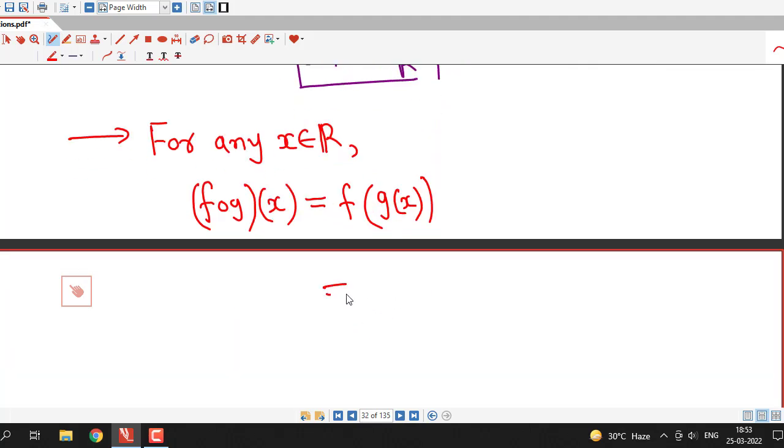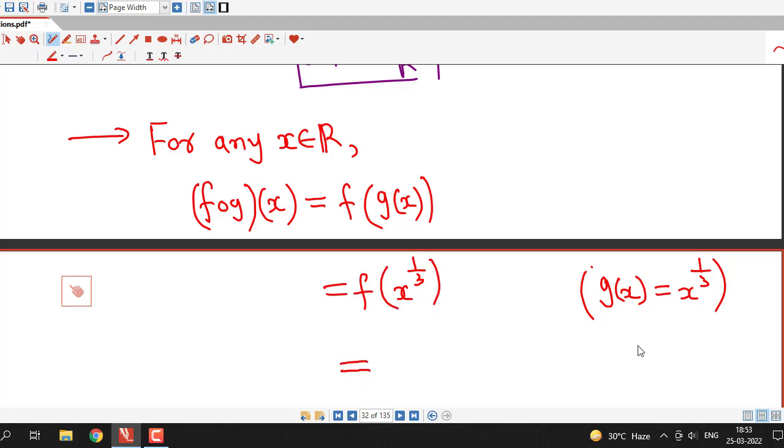And g(x) is given to be x to the power 1 by 3, so we substitute g(x) equal to x raised to 1 by 3. Now we require the formula of f(x). f(x) is x raised to 3, and instead of x here we have x raised to 1 by 3.